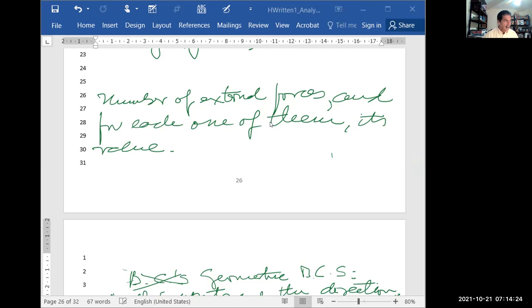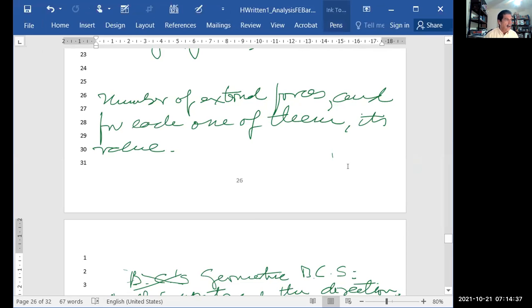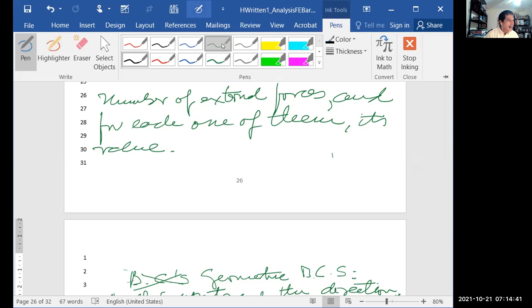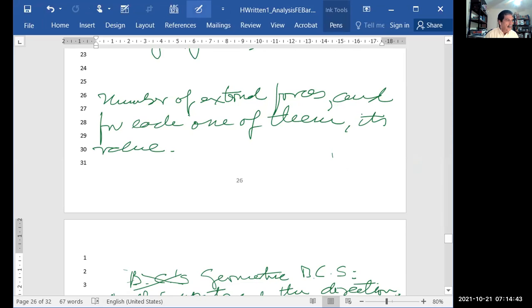So let me complement this with the same color, if I can find somewhere. See, here I'm going to complement this parentheses.